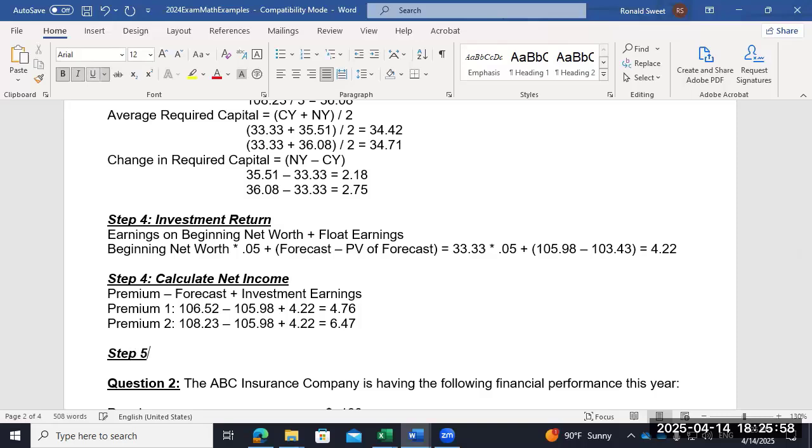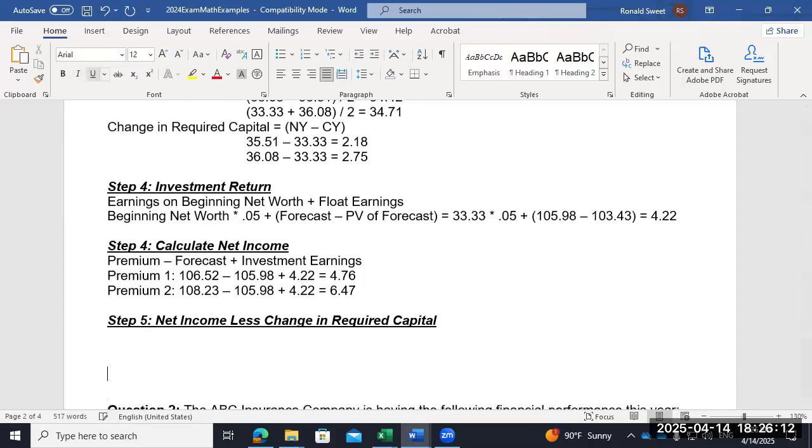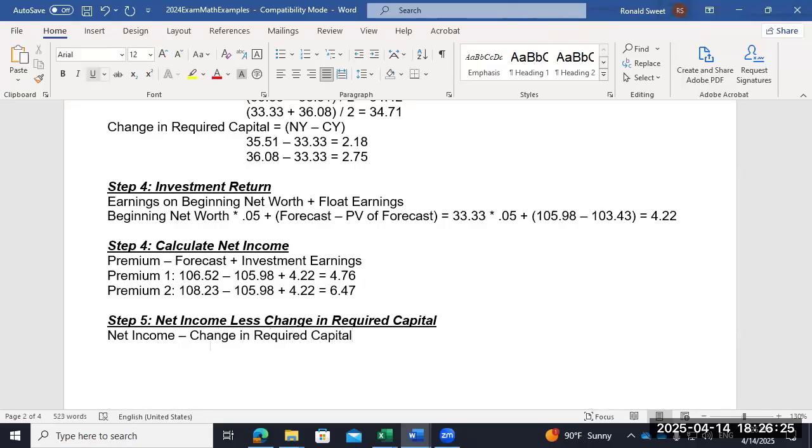All right, step 5. You do net income less change in required capital. This is just going to be your net income minus change in required capital.